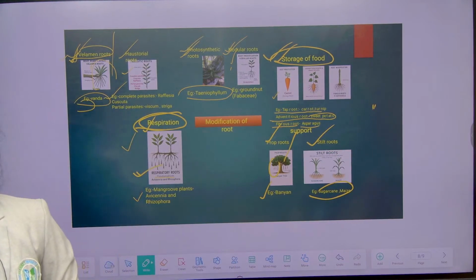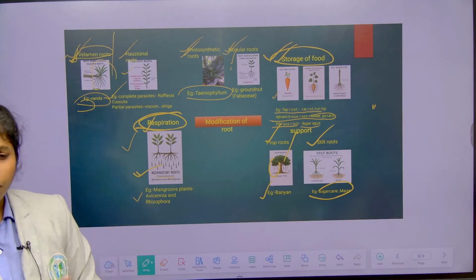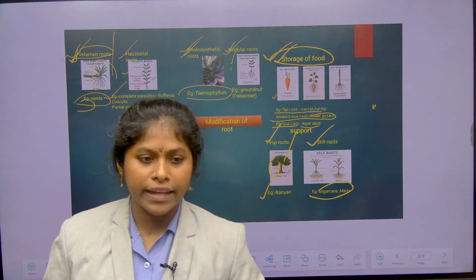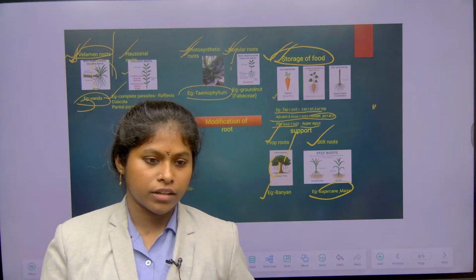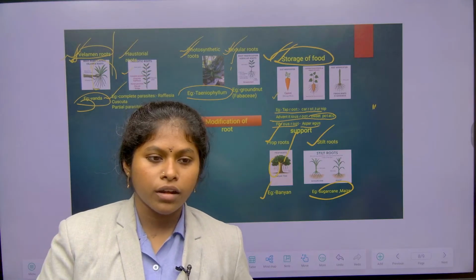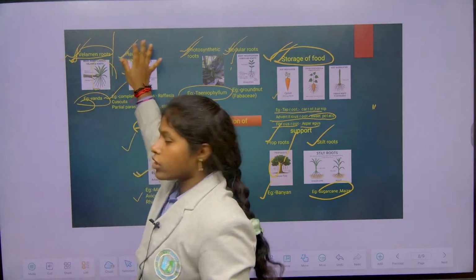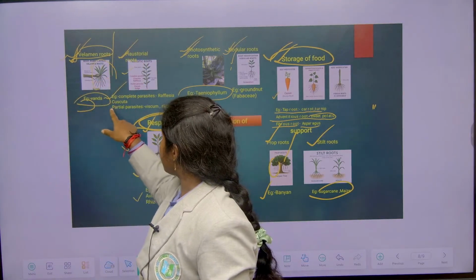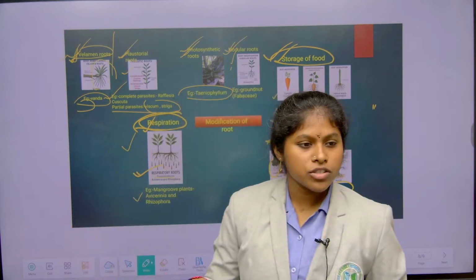From the host only they are getting water. Okay, the host plant is not getting any benefit, but the plant which is depending on the other plant is getting the benefit. Okay, by only water we call it a partial parasite. So those roots are called haustorial roots. The examples of partial parasite are Viscum and Striga.